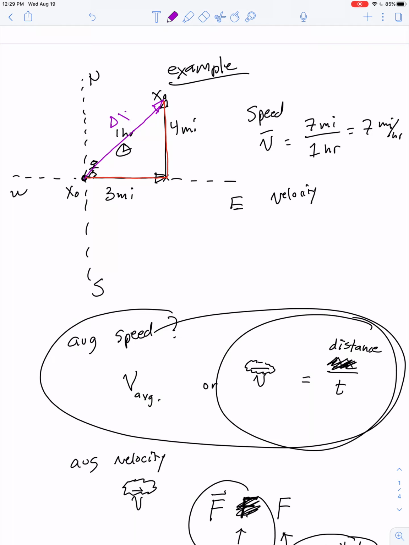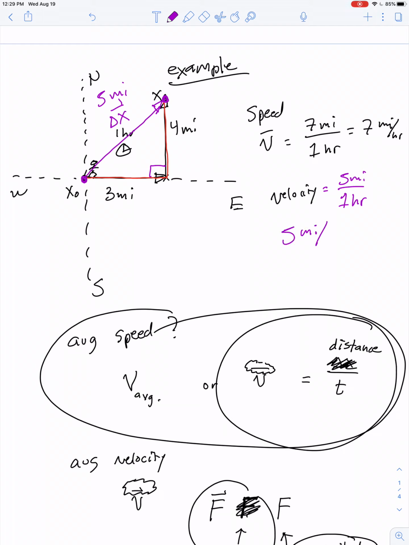That represents delta x as a vector. And so you should be familiar with this special right triangle. If one of the legs is 3 and the other is 4, the hypotenuse is 5. So the distance traveled is 7 miles, but the displacement from the origin to the final landing point for this person is 5 miles. So the velocity is 5 miles in 1 hour.